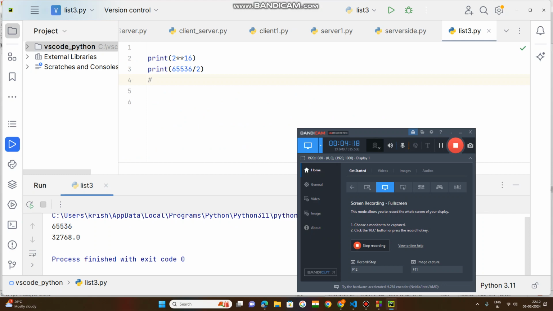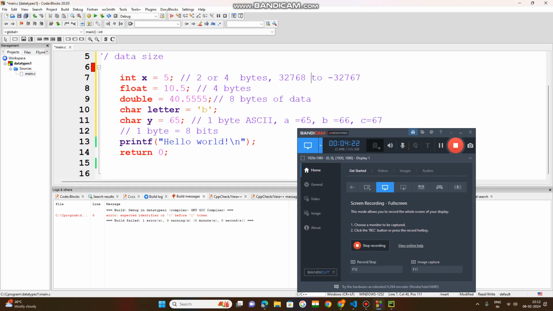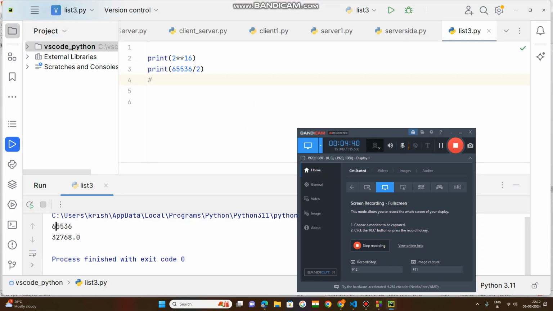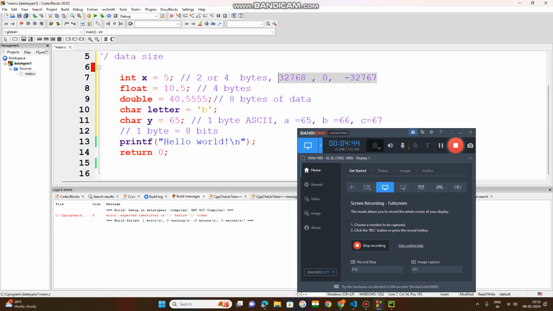Here 0 is included between them, and the total value is 65,536. It can store 2 bytes or 4 bytes.